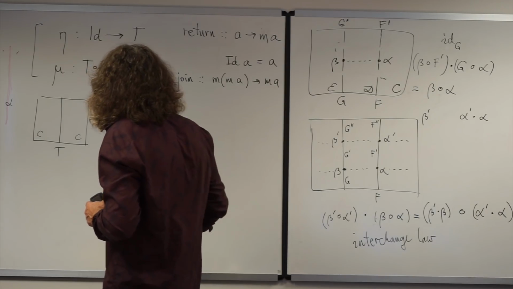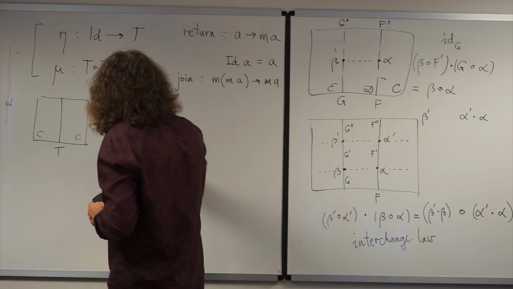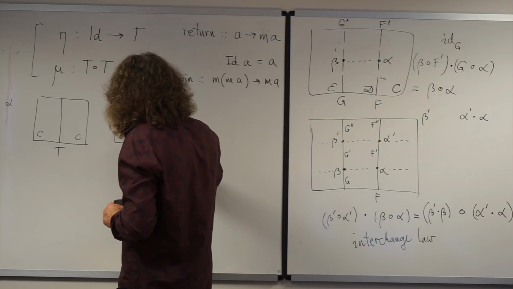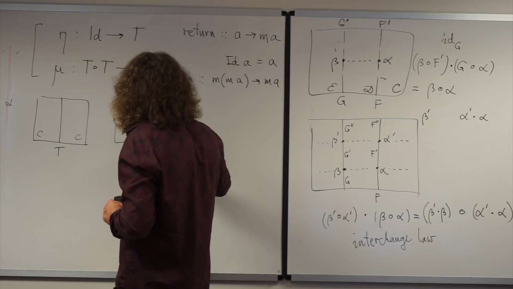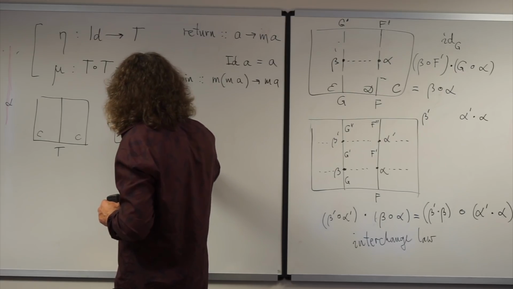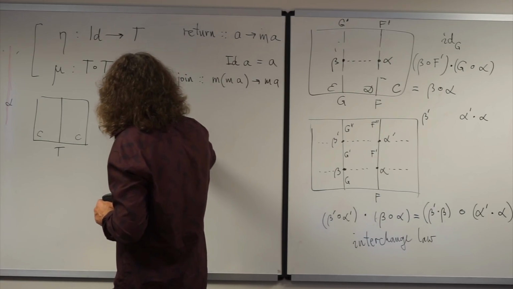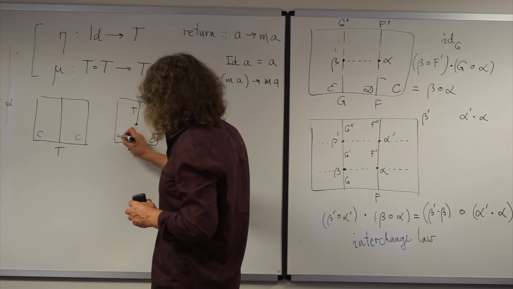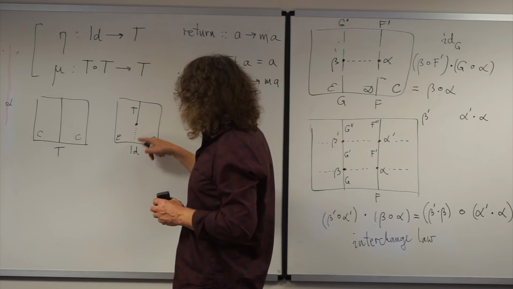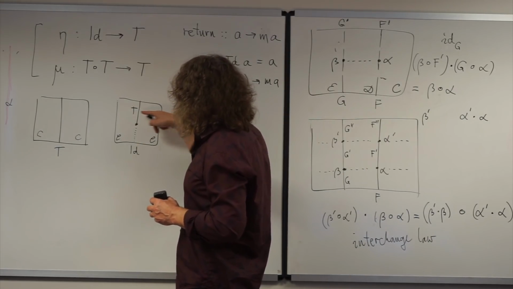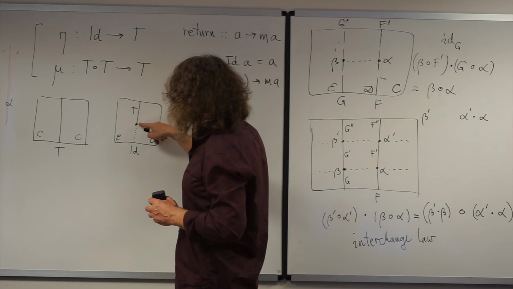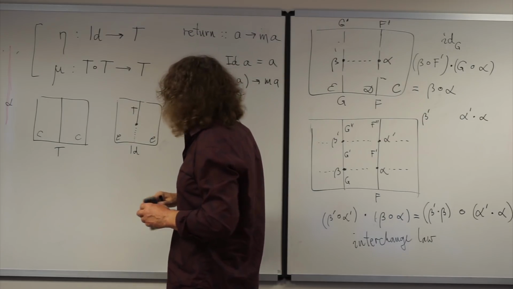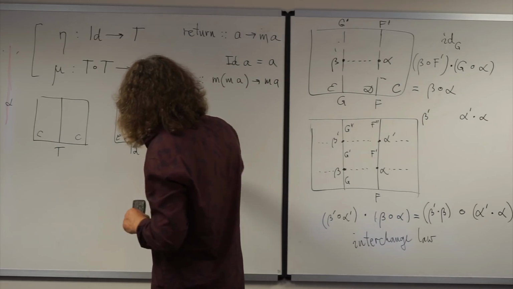This says I have a natural transformation that goes from identity. We could draw the identity functor as a sort of dotted line, and sometimes people do this, and this is T. This is a natural transformation. So I have two functors: one is identity from C to C, and the other is T from C to C. And here's a natural transformation that goes from identity to T. This is called eta.